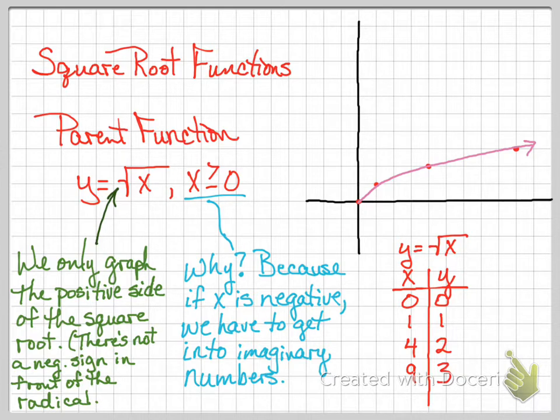Also, I want you to note that we only graph the positive side of the square root. That is because there is not a negative sign in front of it. It doesn't say plus or minus in front of it. It just has no sign. That means it's the positive side.